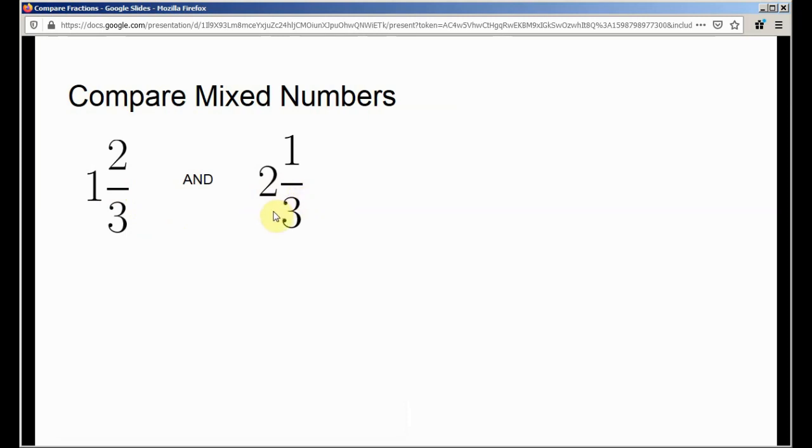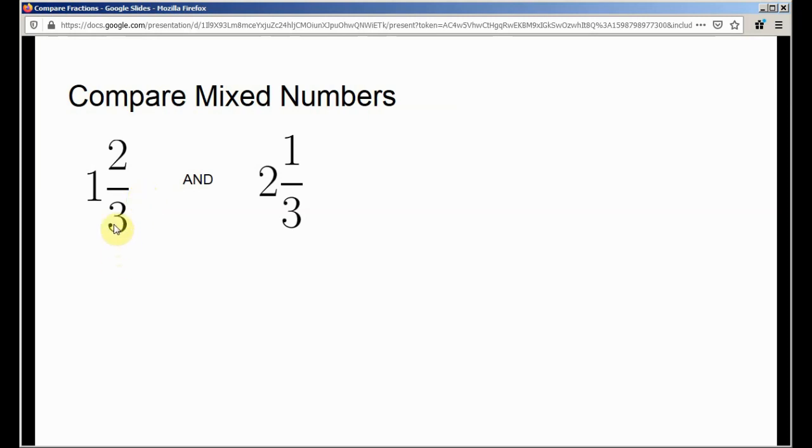Still, the method I am going to use here is the same everywhere. Whenever a mixed number is involved in the comparison of two fractions, always convert it into an improper fraction. A mixed number will always change into an improper fraction.